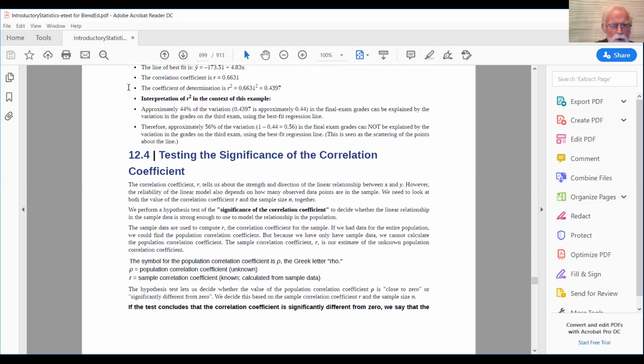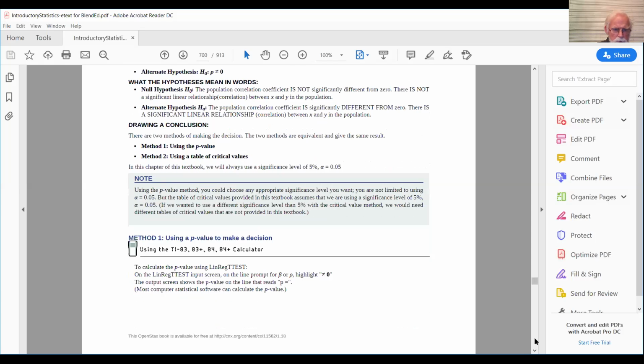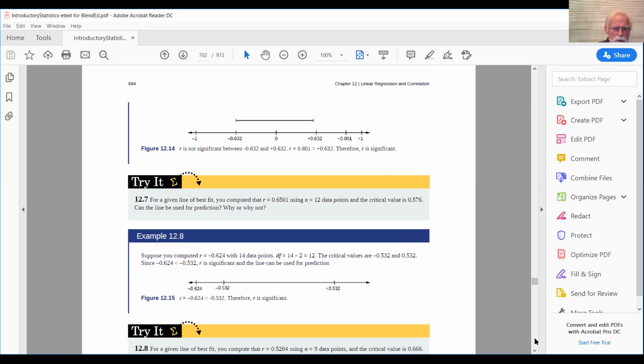You're not going to be doing the coefficient of determination in this class. You will be looking at the correlation coefficient, and we'll figure out how that calculates in a bit. That's about as far as we're going to go. Let's take a look at a couple of other things.